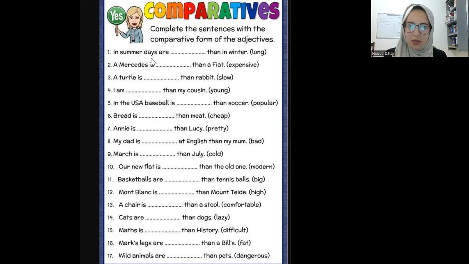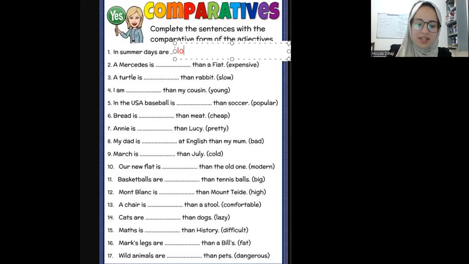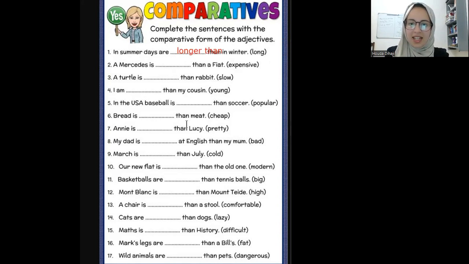We will compare between summer days and winter days. How to say that summer days are long, but winter days are not long? We say in summer days are longer than.